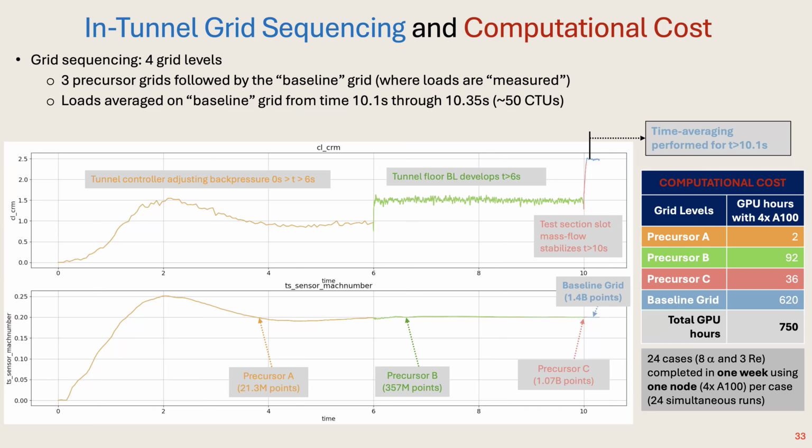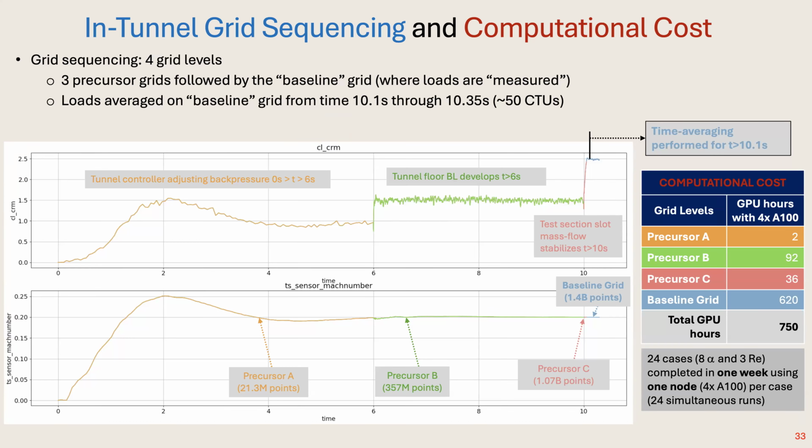And then you make sure that you reach equilibrium in the wind tunnel dynamics, that your target Mach number is 0.2. Then you refine the grid to 355 million in the test section, to resolve the tunnel floor boundary layer. And that runs about 4 seconds.